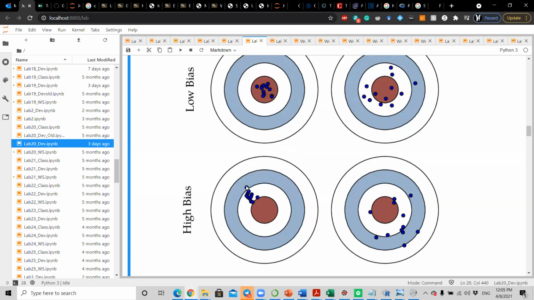When you have a high bias model, your points are going to be very close to each other. So it really means that you have only one shot, because all 3 shots will go to the same place. If you hit, you hit. If you don't, you don't. You will know everything by the first shot. But with Horace, if the first shot is gone, you still have 2 chances. If the second shot is gone, you still have 1 chance. So you have a better chance of survival if you go with Horace.